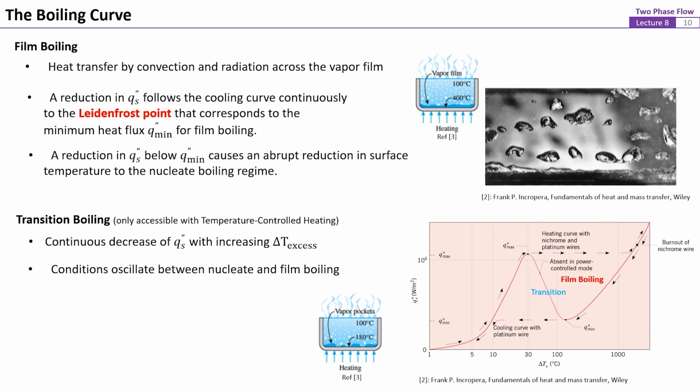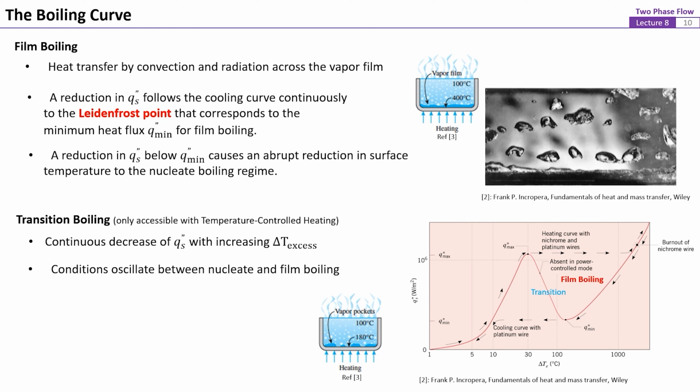With decreasing the heat flux further below the Leidenfrost point, a sudden drop of the excess temperature to the nucleation boiling regime was observed. On the other hand, increasing the excess temperature beyond the Leidenfrost point leads to gradually increased heat transfer.